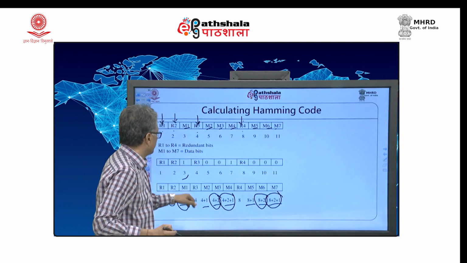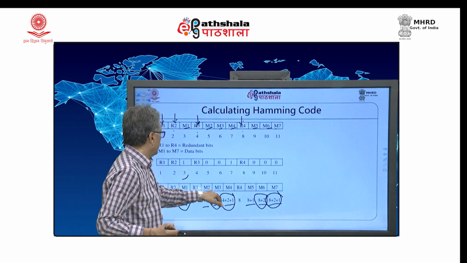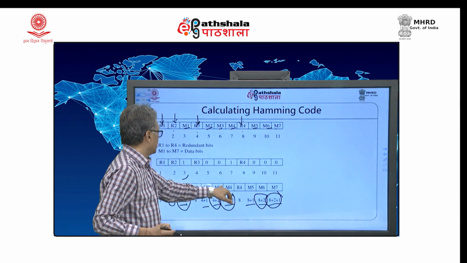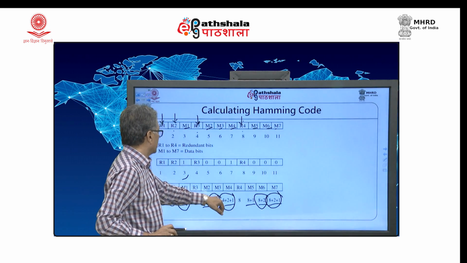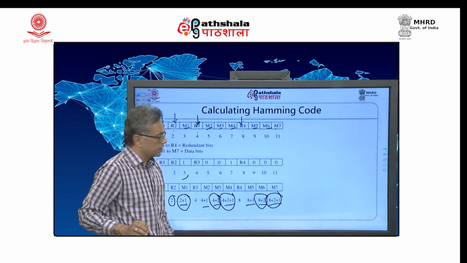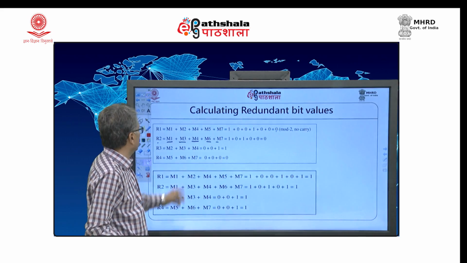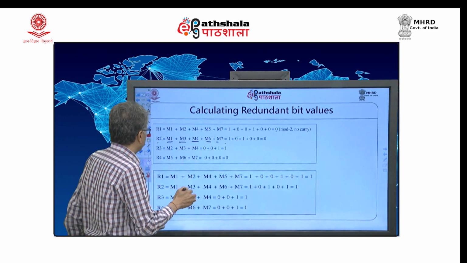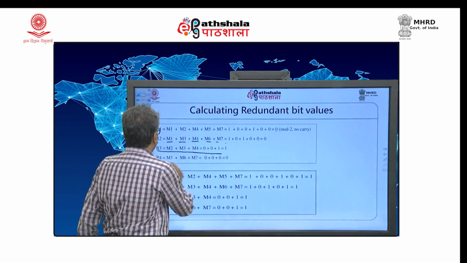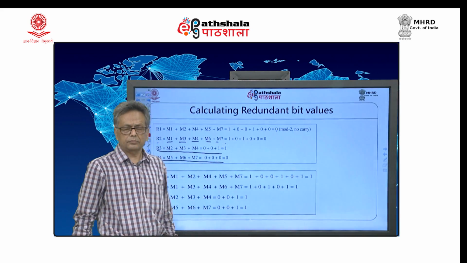So, these values M1, M2, M3, sorry, okay, M3, M4, M6 and M7. So, you can see that they are here. Okay. So, this is how they are calculated. So, same way R3 is calculated and R4 is calculated.